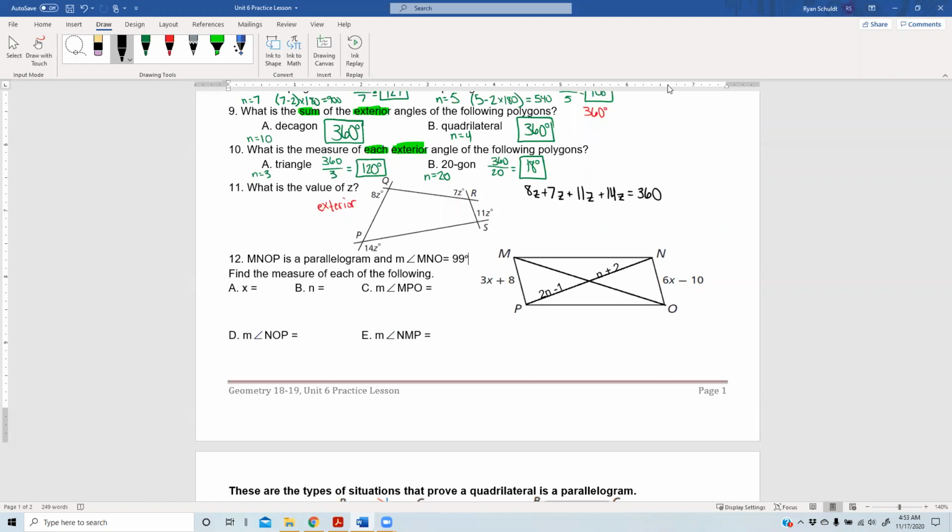You combine all your z's together, you'll get 40z equals 360. Divide by 40, and you'll get z equals 9. Now the problem just asked us to find z, so we're done.